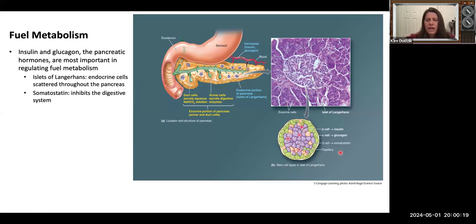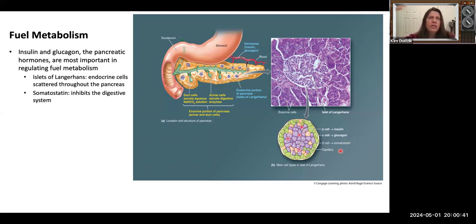That's these here. They're called D cells because they're delta cells. They release a molecule referred to as somatostatin, and somatostatins help regulate the digestive system.